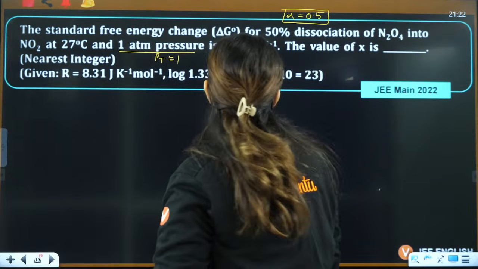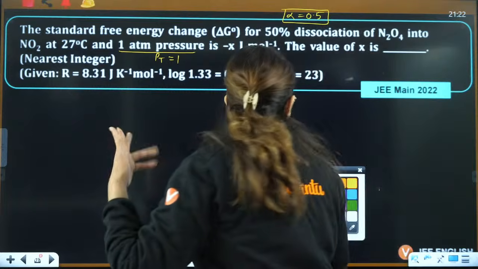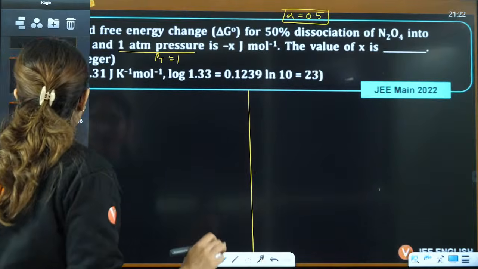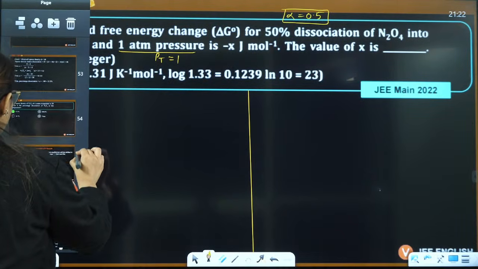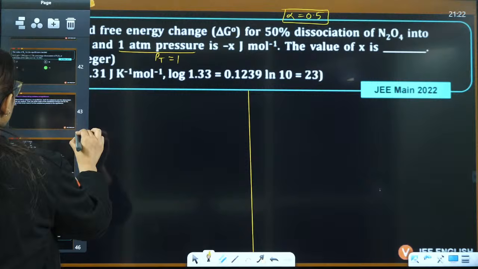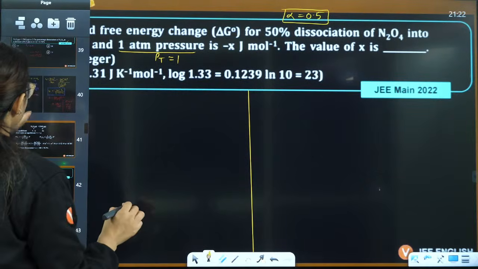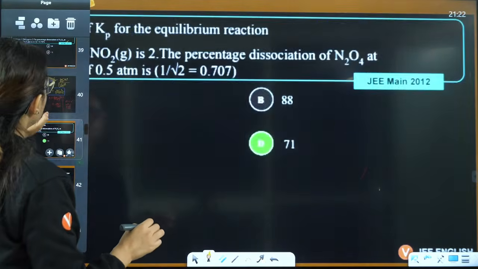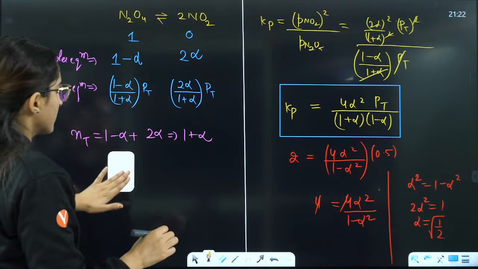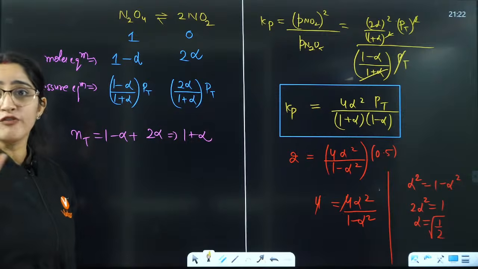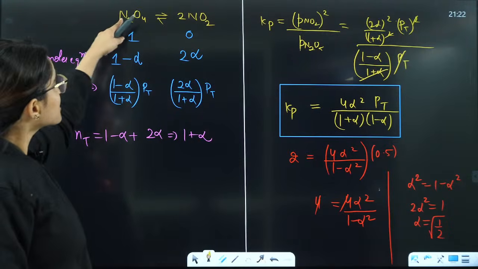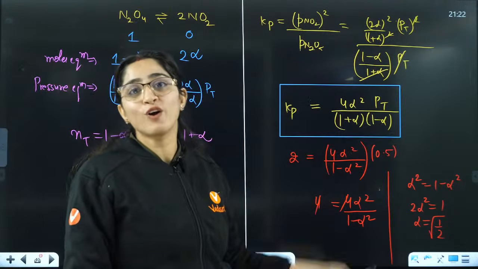Now, do I need to calculate this again and again? Tell me. I have already done this here. We've already calculated it for this reaction, so I'll not do it again.